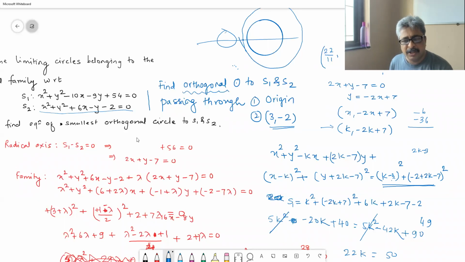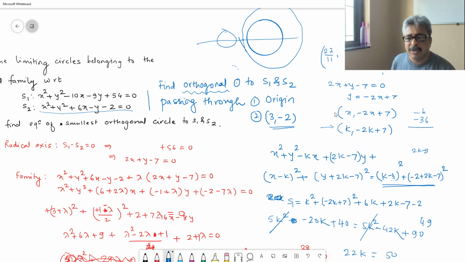By putting this point in S2, we get k square plus (minus 2k plus 7) square plus 6k plus 2(minus 2k plus 7) minus 2. This is the length of tangent square, and this should be equal to the distance of (3, minus 2) from (k, minus 2k plus 7) square. That is what this quantity is. And therefore you will find that when you make LHS and RHS like this, 5k square gets cancelled and you get k is equal to 22 by 11.